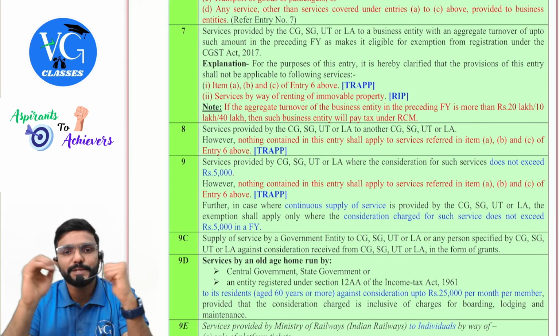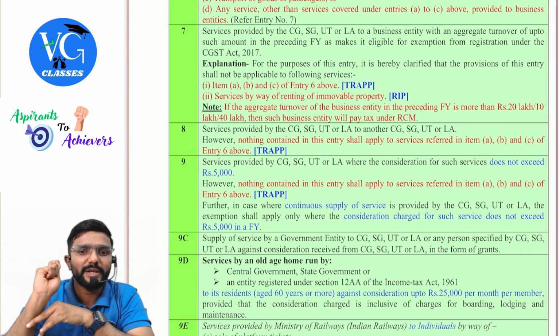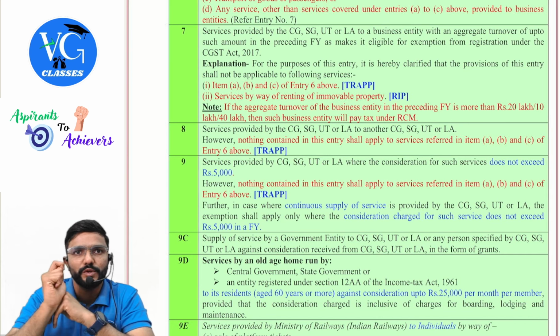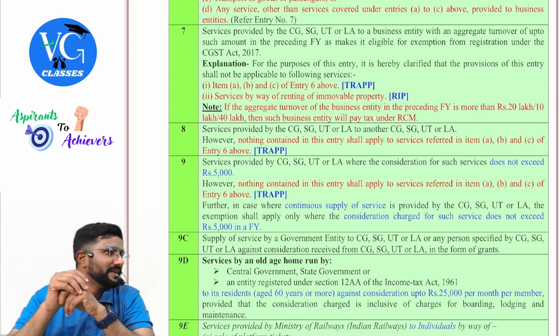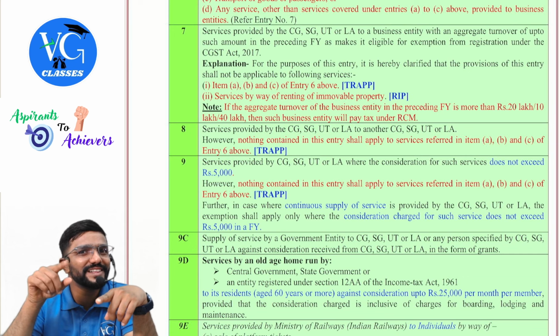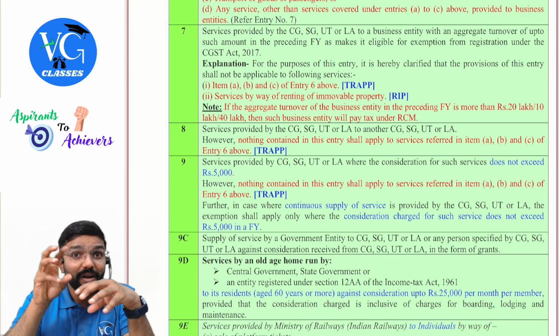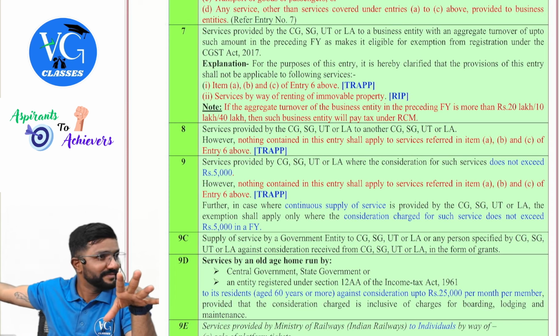Explanation. For the purposes of this entry, it is hereby clarified that the provisions of this entry shall not be applicable to the following services. Means even entry 7 is not applicable for TRAP as well as RIP. In RCM also they excluded all this, now in this entry as well. For RIP they gave one more entry. Clear?